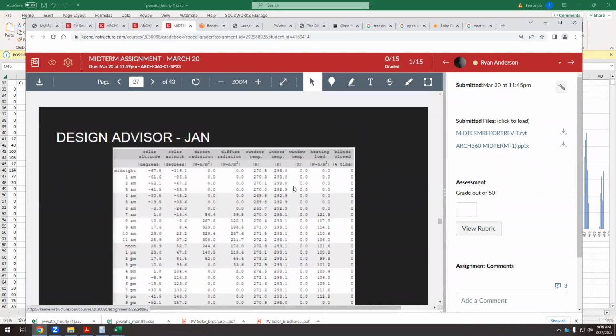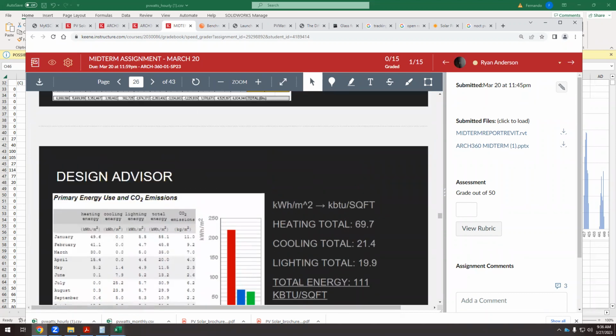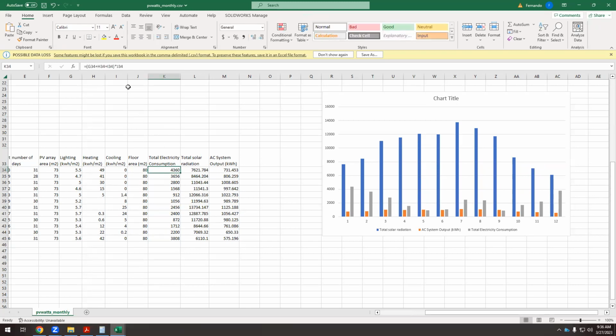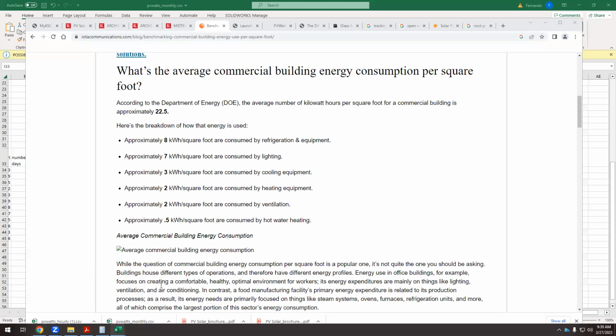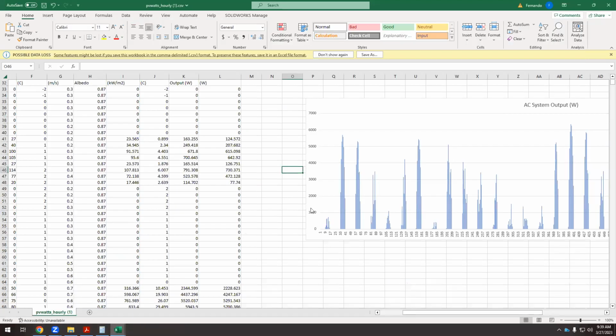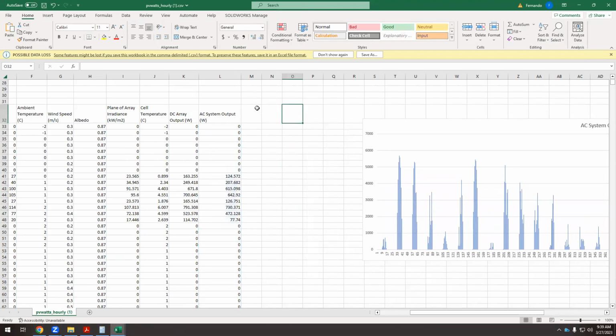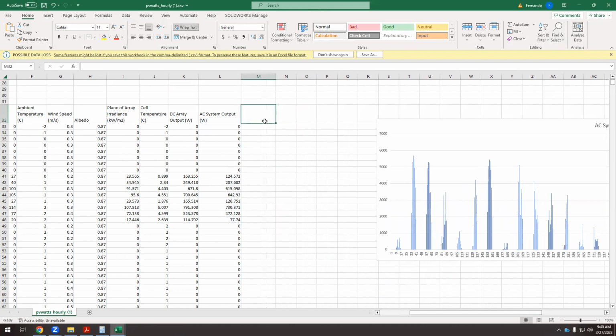No, we don't have the lighting here. Let me see if we can get something. I want to use this graphic again. And here I want to add the lighting.